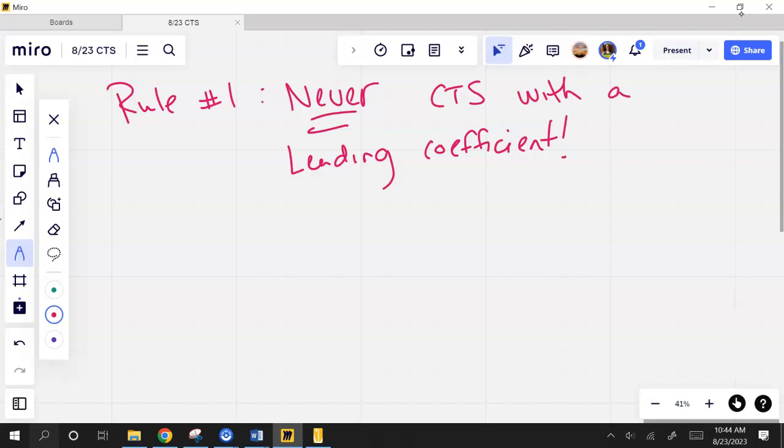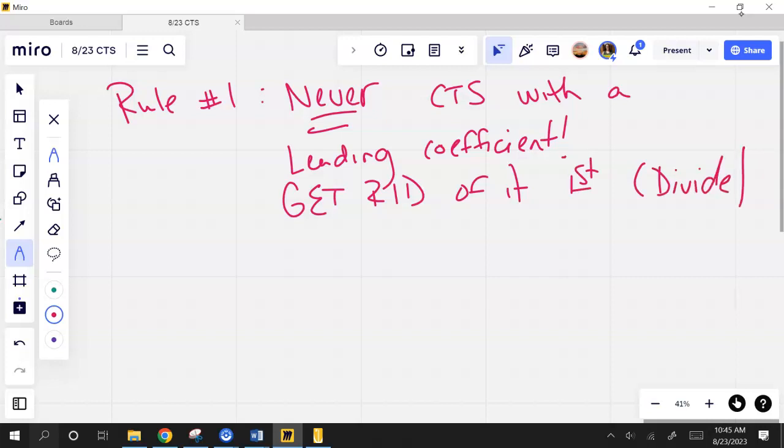If there's a number in front, we'll say get rid of it first. I'm going to do it right below here. Let's say I have a leading coefficient.